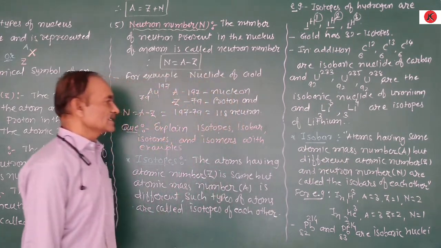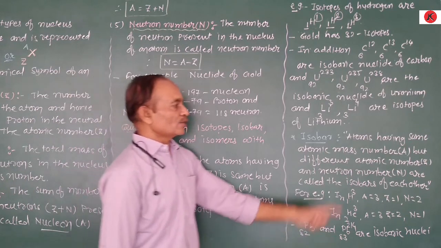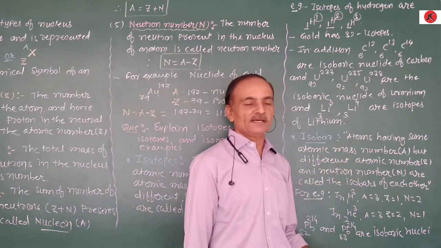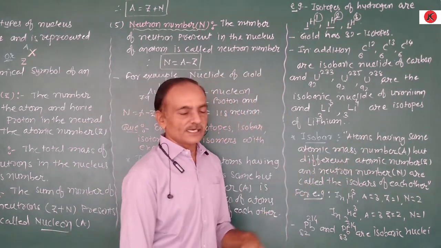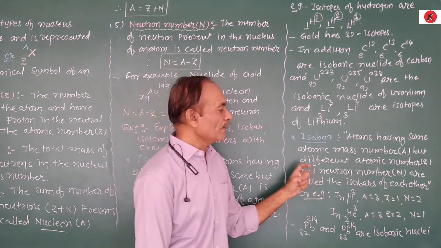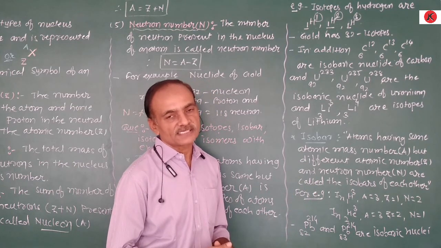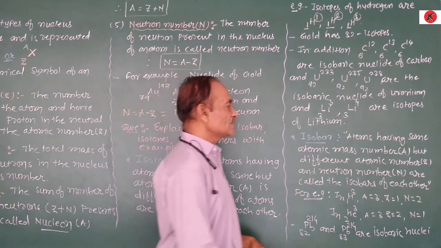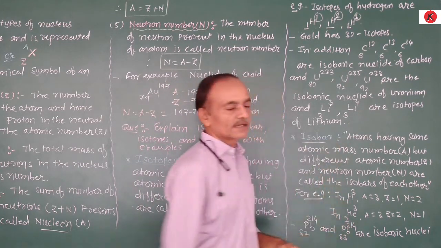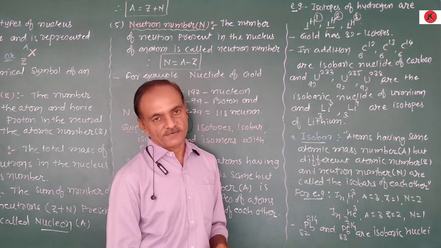Now the next definition is the isobar. The atoms having the same atomic mass number A but different atomic number Z and different number of neutrons are known as the isobars of each other. So for isobars, A is the same but Z and N are different.